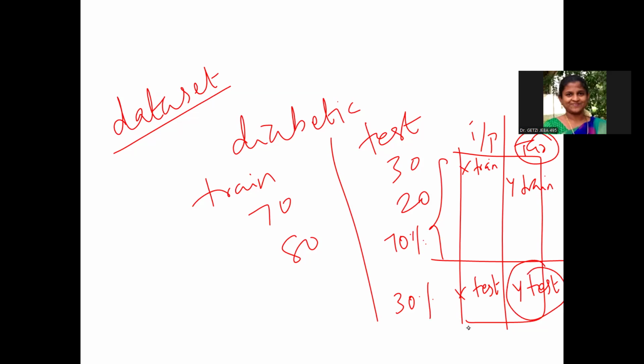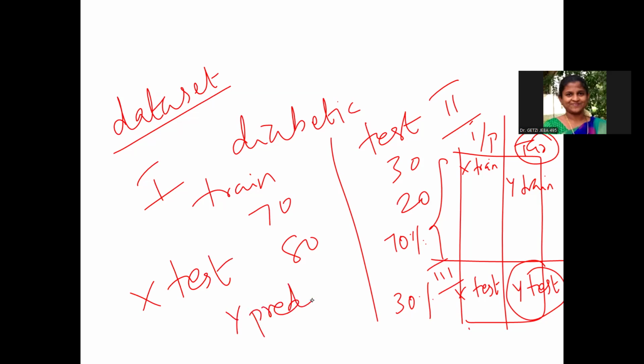The first phase is to split the data set. The second phase is to train the algorithm. And the third phase is to test it. When you are testing, you will test with X test, and you will get a value called Y predict.